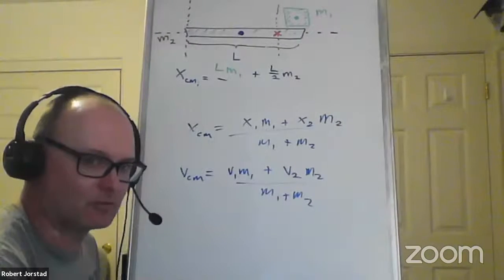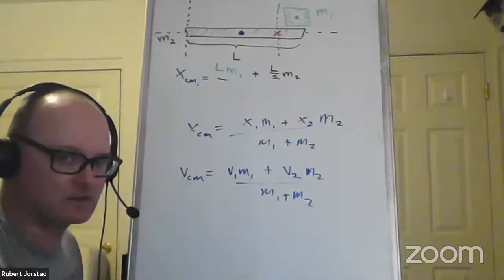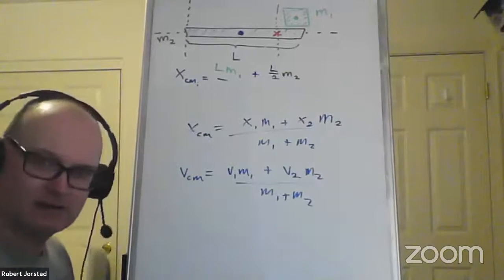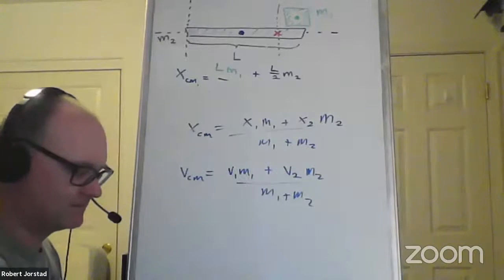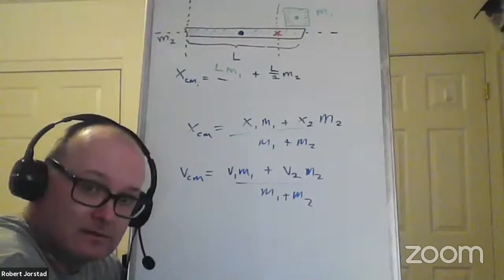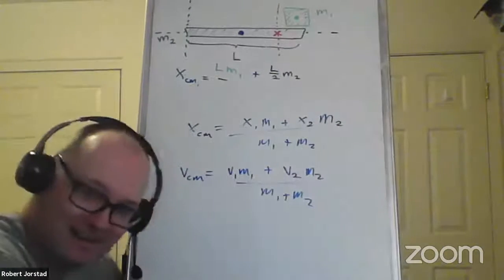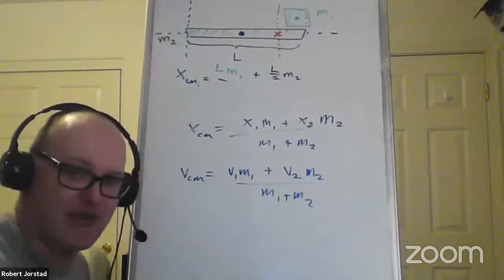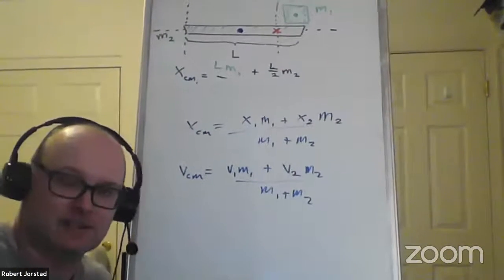Can anyone think of a real life object that moves around through space and changes mass? A rocket. A rocket, a car, you, right? You sweat. So there's all kinds of objects in the real world that have changing mass, some of them to greater degrees than others.